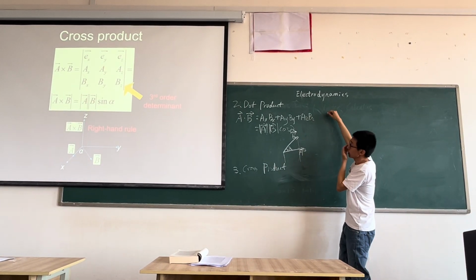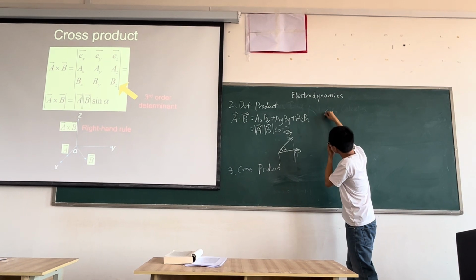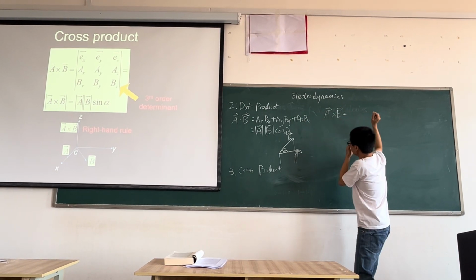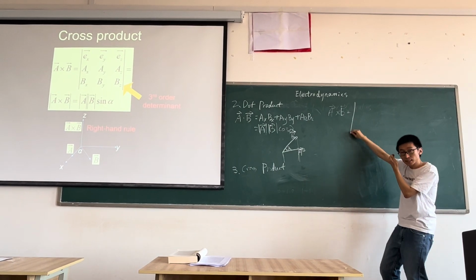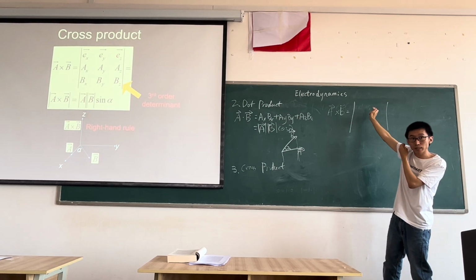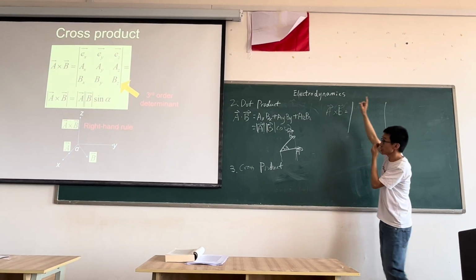As we learned in advanced mathematics, A cross B can be written as a third order determinant, like this.